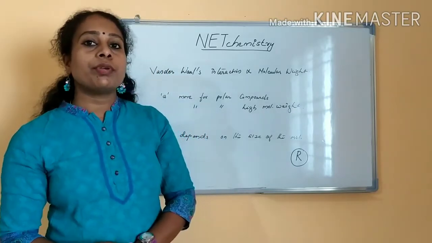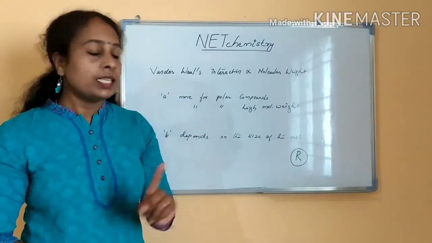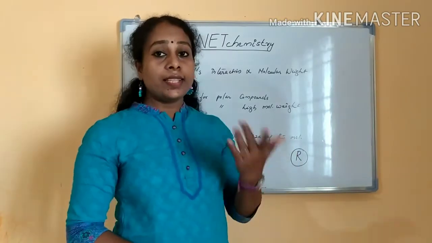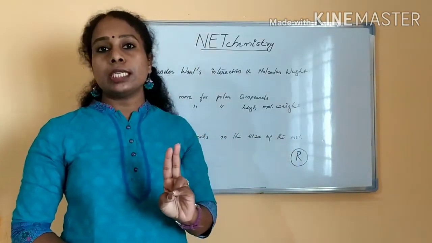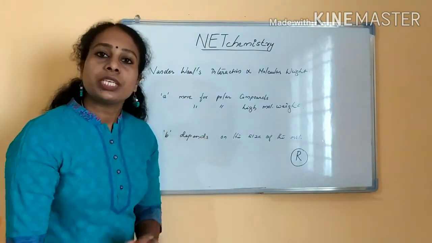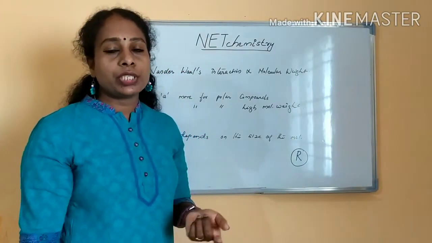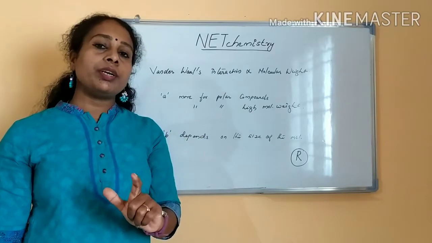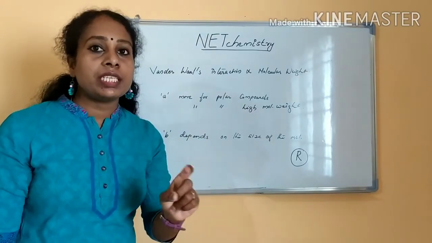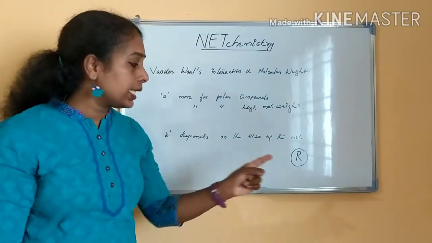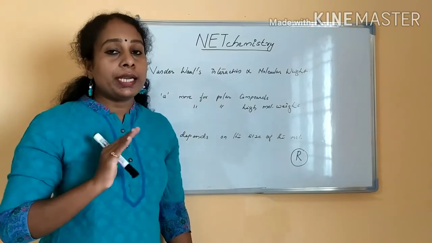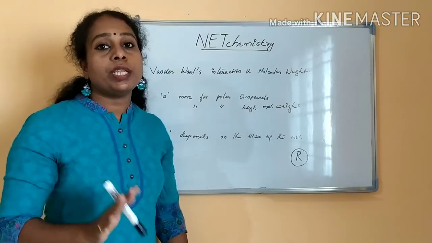No, it is having only one constant, R, right? Other than R, you should have two constants. So the van der Waals equation can be converted into a virial equation. What did I say about the virial equation? Any equation can be converted into a virial equation if it has two constants other than this R. Okay, the ideal gas equation cannot be converted into a virial equation.